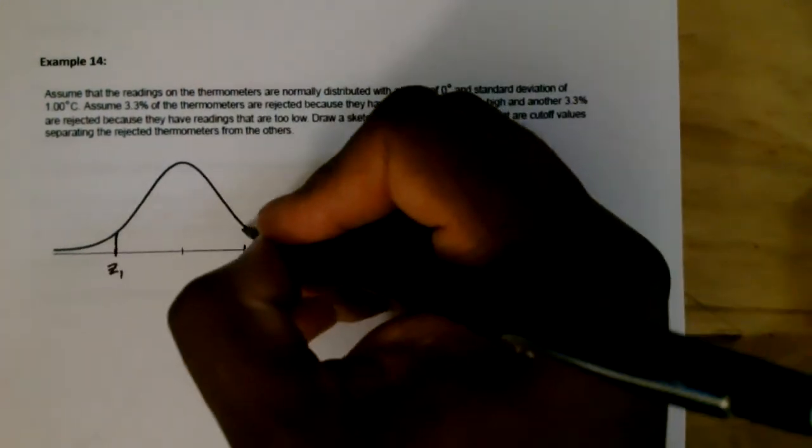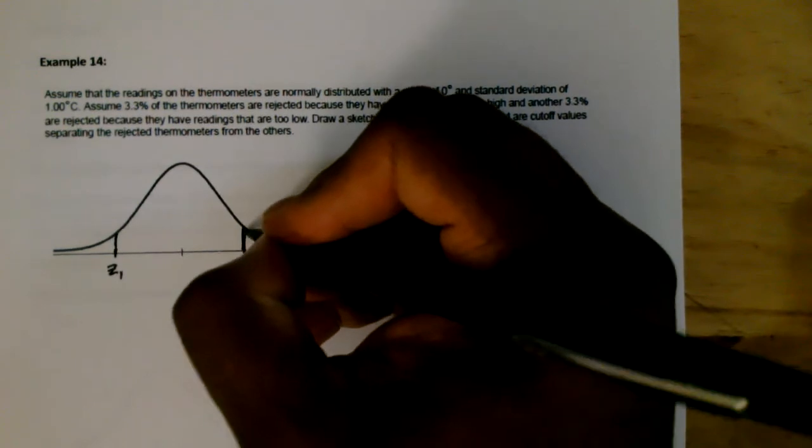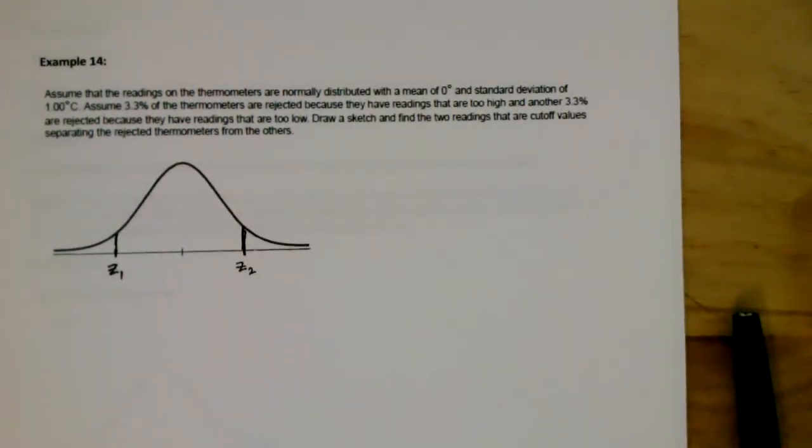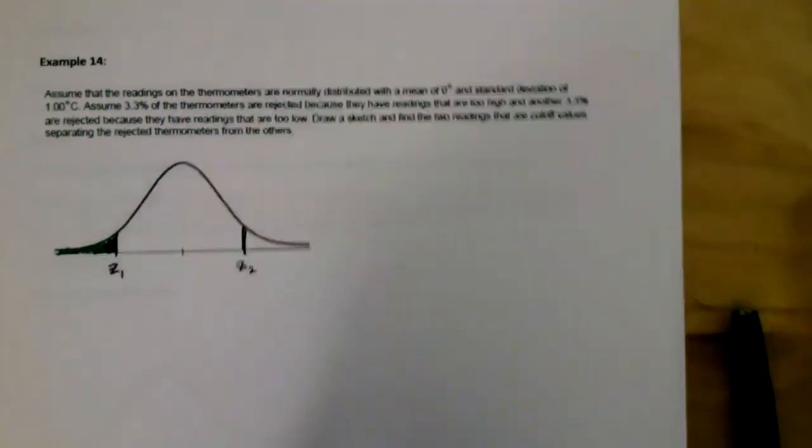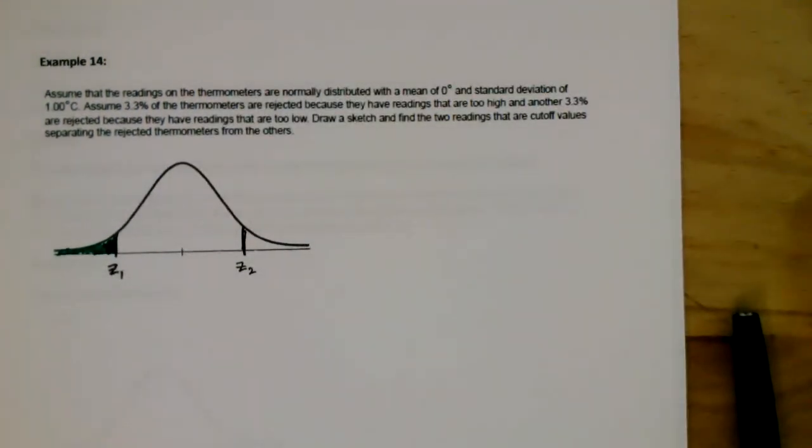And of course, the shaded area that I'm going to put in, say in green. This represents 3.3% of the thermometers being rejected because the readings are too low.